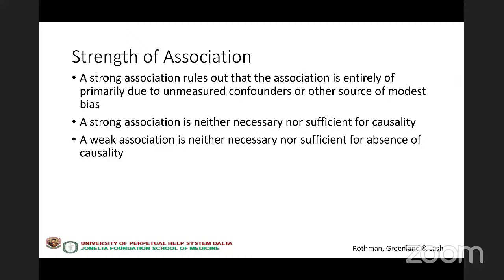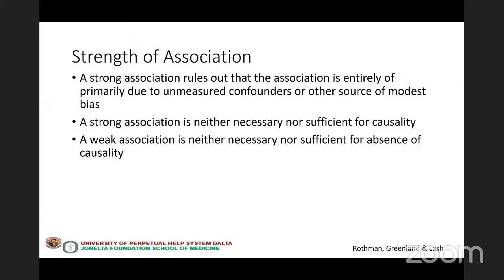So thereby, the strength of association is very strong. Okay. Is it necessary for causality? Remember, there are other causes of lung cancer. Is it sufficient? Not always.